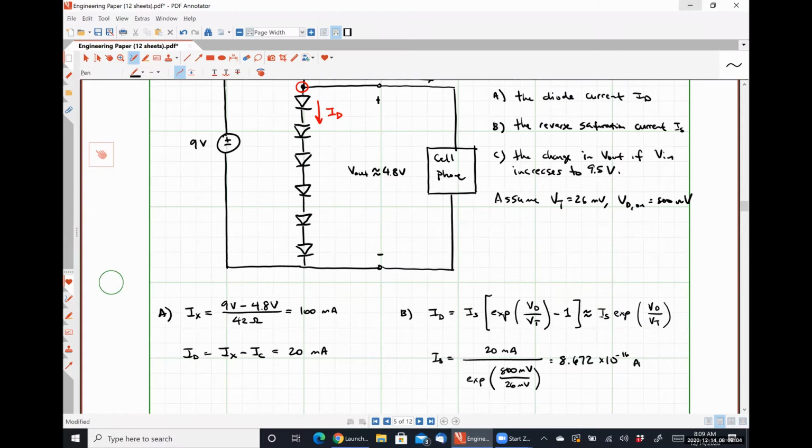So we use good old Kirchhoff's voltage law and Ohm's law to get the answer to part A. We're using our exponential diode model to figure out what IS is.